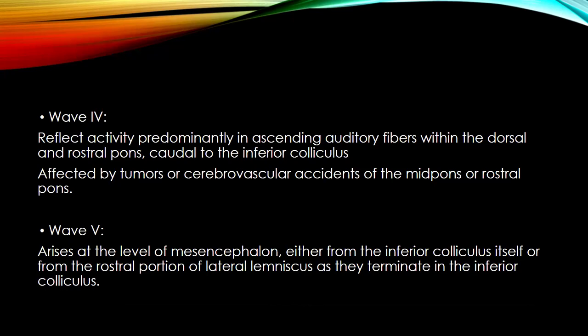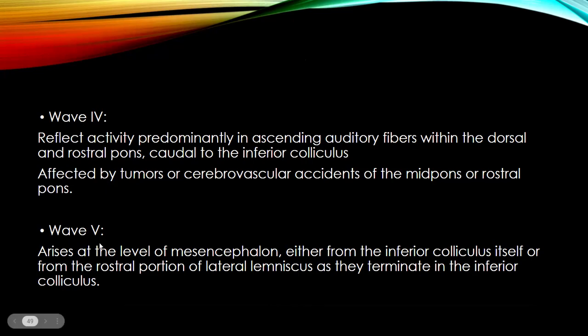Coming to wave 4, it reflects predominant activity in the ascending auditory fibers from within the dorsal and the rostral pons. Basically, those are the climbing fibers towards the medial geniculate body. So these are affected by tumors and cerebrovascular accident in the mid pons or rostral pons.